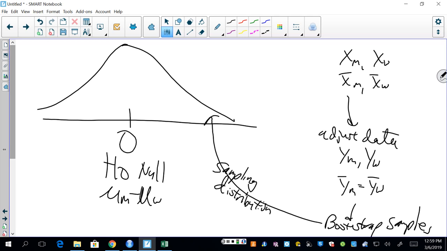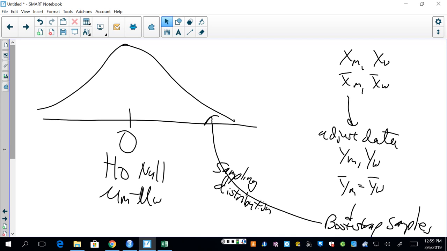On the other hand, if that small difference we saw does in fact fall within a plausible range here, right, then 0, even if it's not really true, it's plausible, we can't reject it. We would say it's not statistically different than 0. So let's see how it works out.